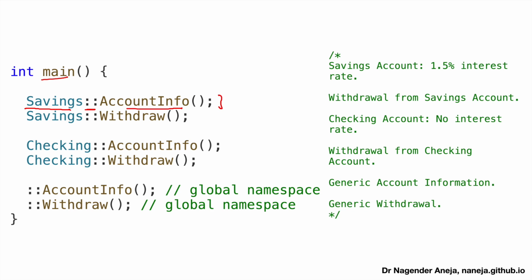When you call this, it means you want to use the account info in the savings namespace. When you say withdraw from savings, it means you are calling the withdraw from the savings namespace. Similarly, here this account info is from the checking namespace, and withdraw is from the checking namespace. But if you want to use the global namespace, then you need to use the general scope resolution operator.